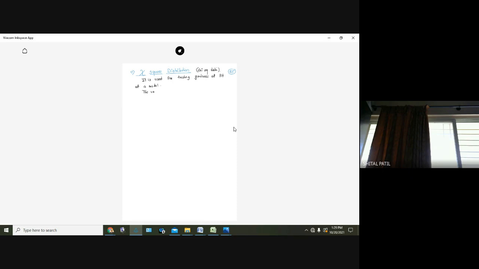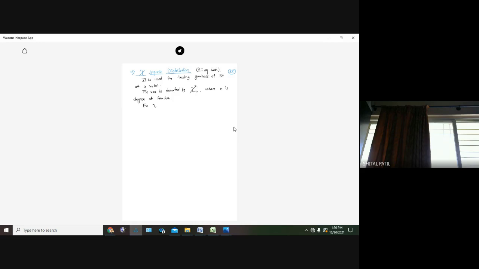The variable is denoted by chi square, where n is degree of freedom. Right.